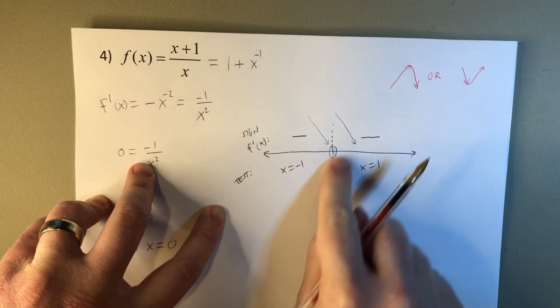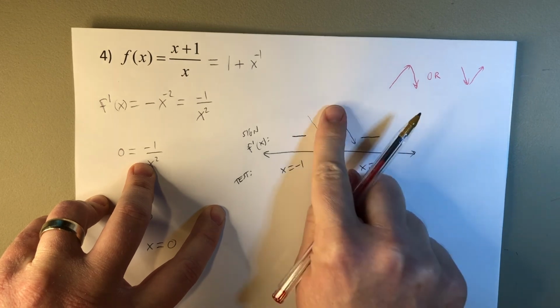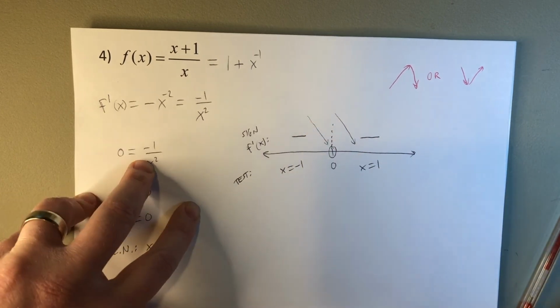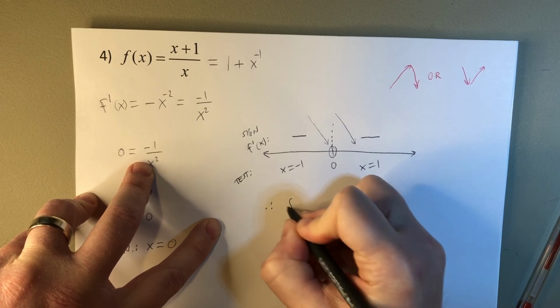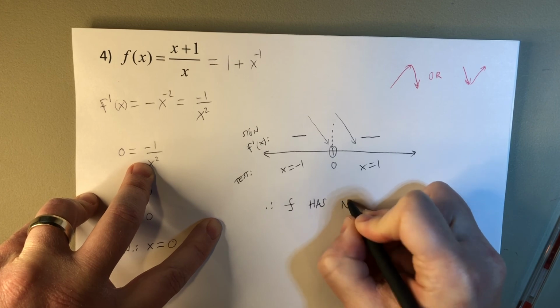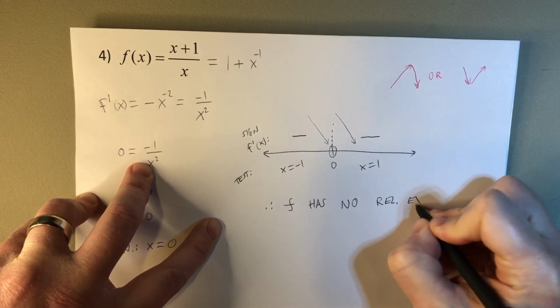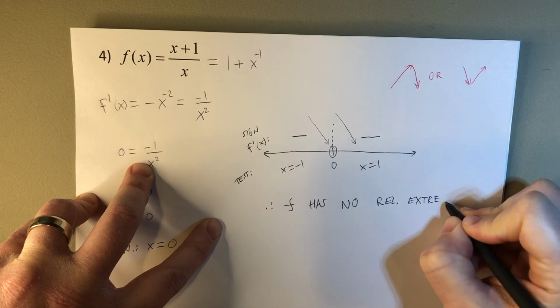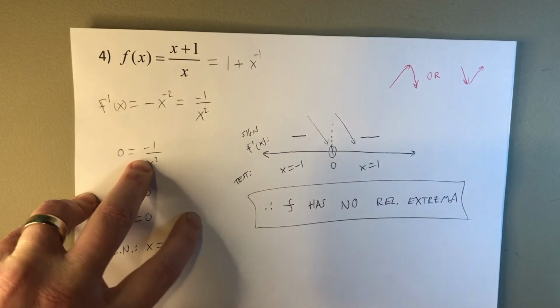Okay, it's decreasing both ways as you approach this 0 from the left and then as you go past the 0 on the right. So what does that mean? Therefore, the function f has no relative extrema. F has no relative extrema.